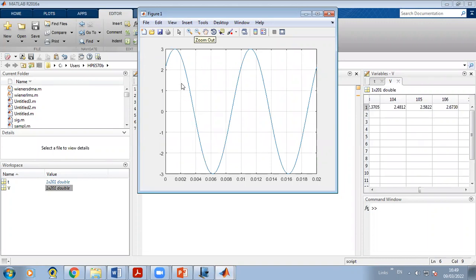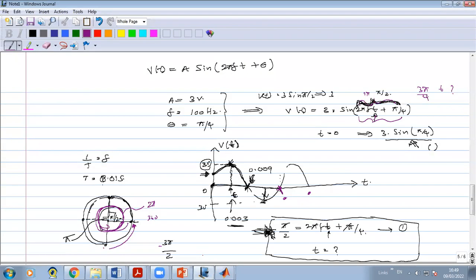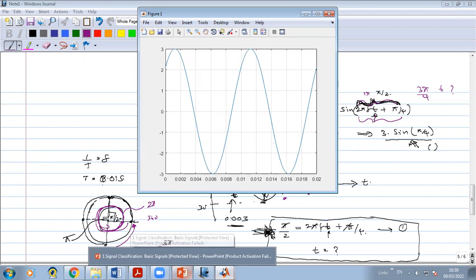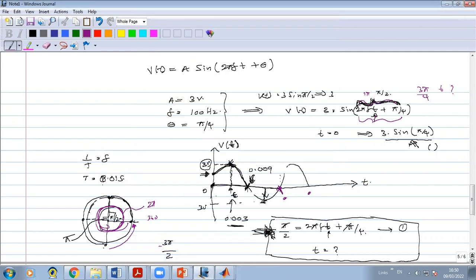So you can see that this point we get, what is this point? It is 0.003, no, this point should be 0.003. So we have a mistake, no. Is this correct? 1/800, what is the value?